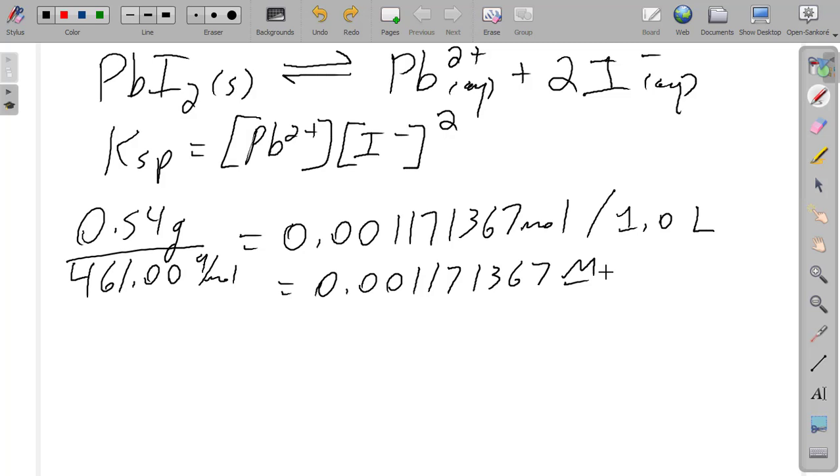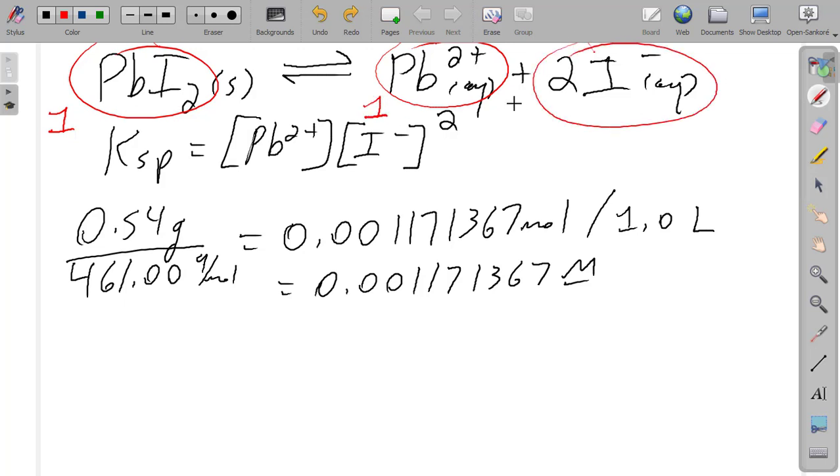What this represents is the concentration of the lead 2 iodide, but you need to understand that the relationship of the lead 2 plus to the lead 2 iodide is 1, but notice here that the relationship of the iodide to the lead 2 iodide is 2 to 1.